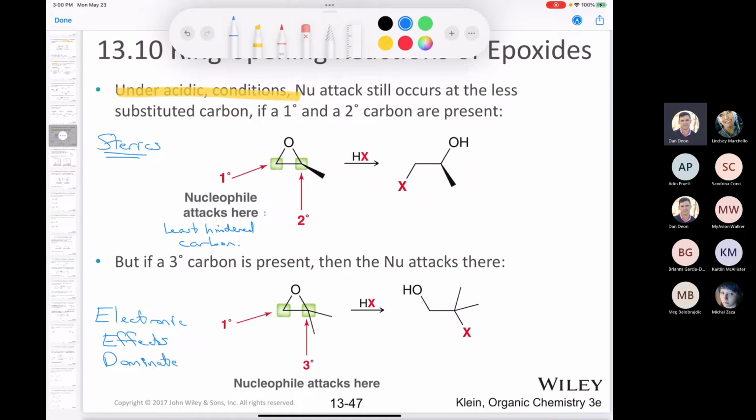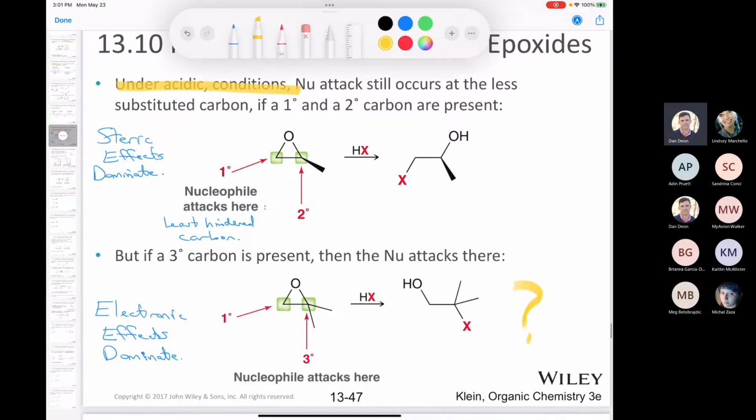And we'll put here steric effects. Sounds good. Effects dominate. Okay. Now, if you're wondering why in the heck would it attack at the more hindered carbon, that doesn't make any sense based on what you've learned in this class.